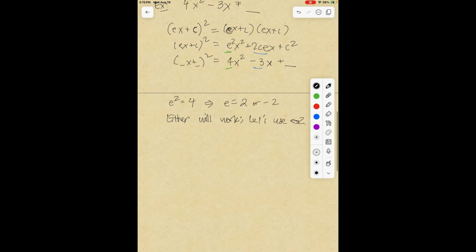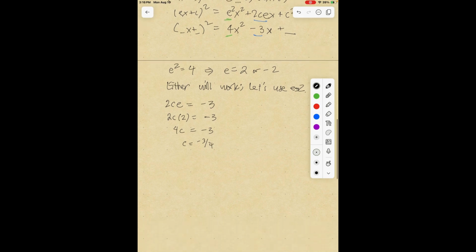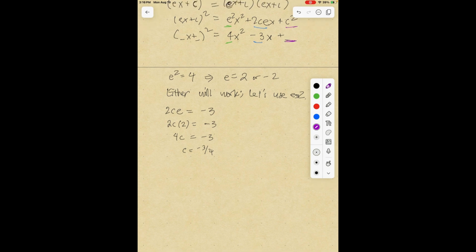So if e equals 2, now we also know from setting the coefficients equal to each other, 2ce is negative 3. Well, if e is 2, then that tells you that 4c is equal to negative 3, and so therefore c is negative 3/4. And so c squared, the number that goes here, c squared is 9/16.